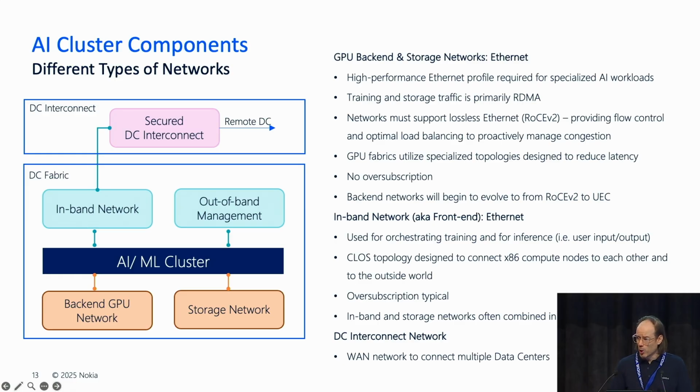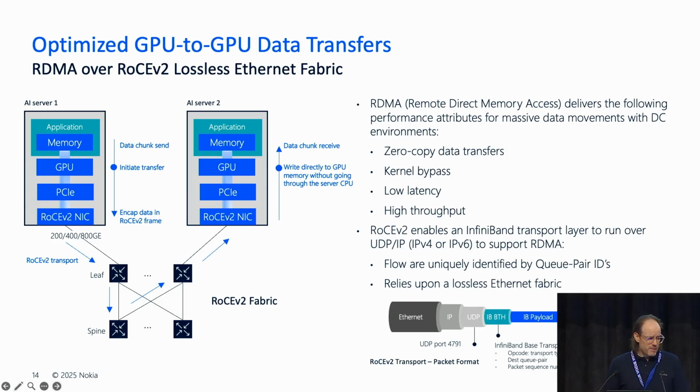One optimization: it's not uncommon for in-band and storage networks to be combined together for GPU-as-a-service providers. And lastly, the data center interconnect network: if you have data center clusters spanning multiple sites, typically you'll have some kind of wide area network, which implies a different set of technologies required there. So let's step in a little more and talk about RDMA.